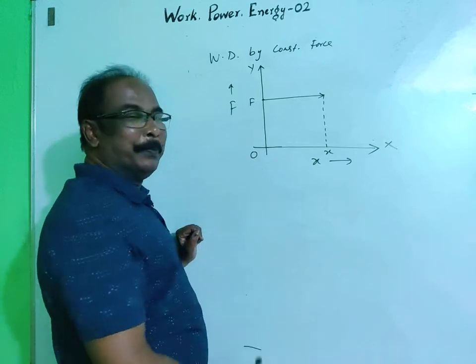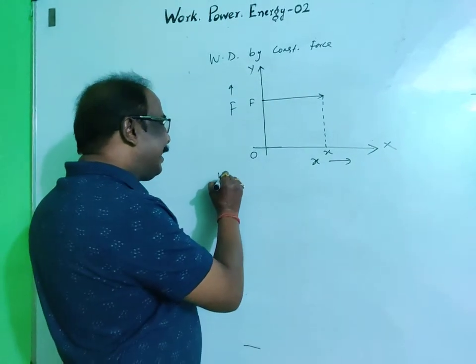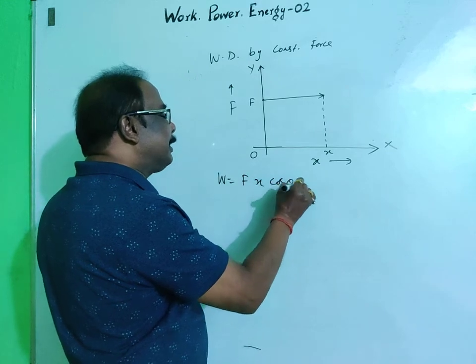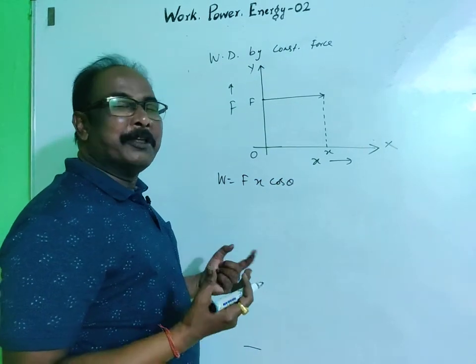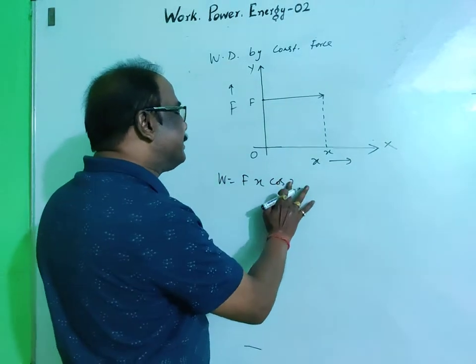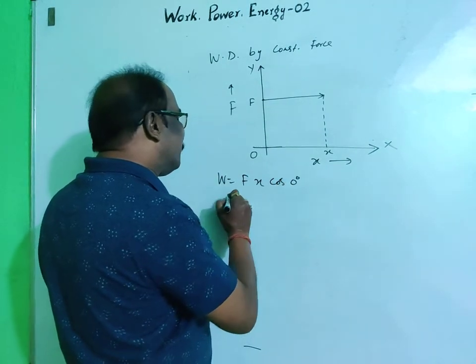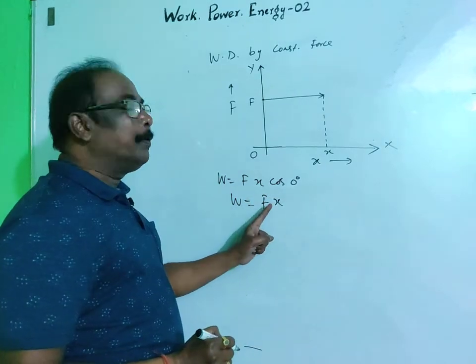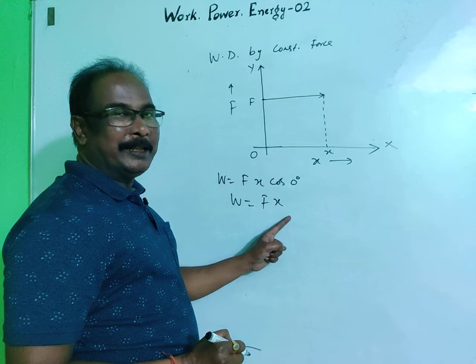So this is 0. Then work done is equal to Fx cos theta. Let's assume displacement is along the direction of force, meaning theta is 0 degrees. So work is equal to the product of the magnitude of force and the magnitude of displacement.